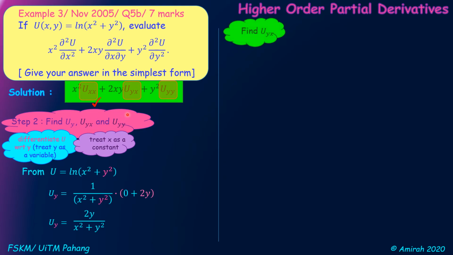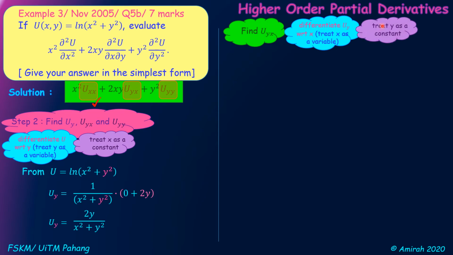To find uyx, uyx means we differentiate uy with respect to x. We treat x as a variable, and at the same time, we treat y as a constant. So uy equals 2y over x squared plus y squared.